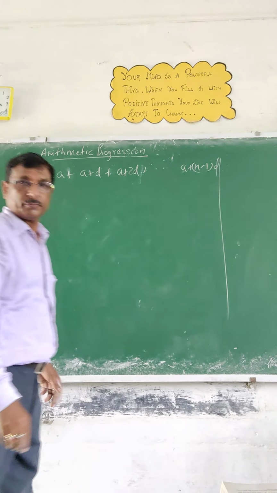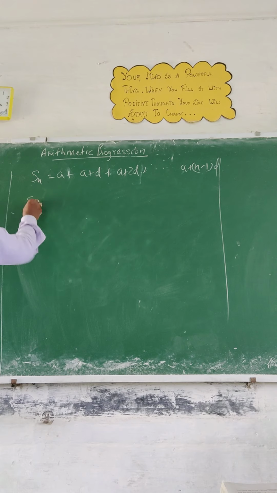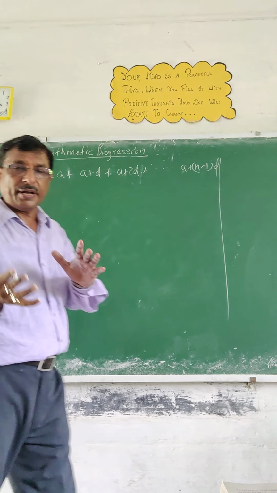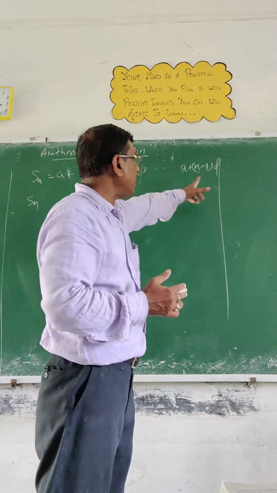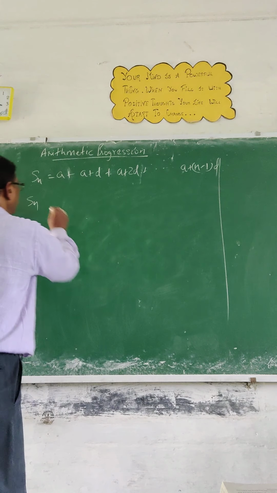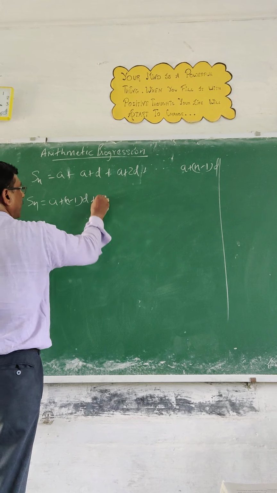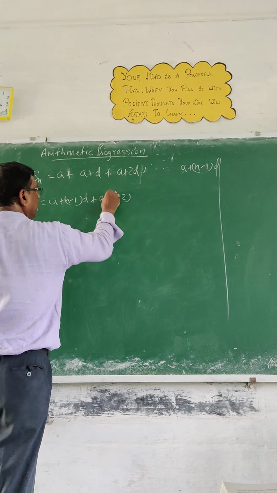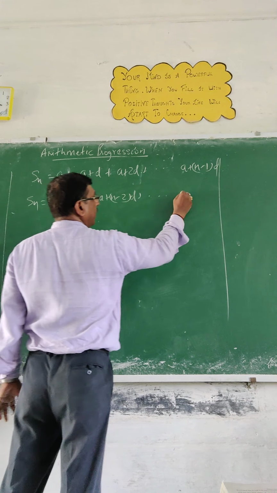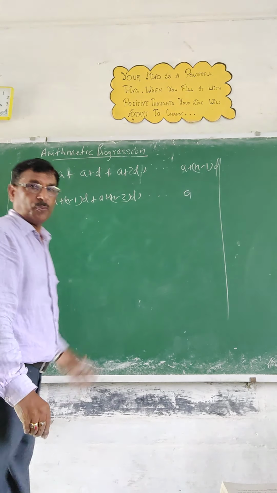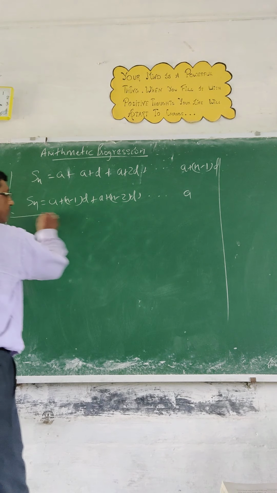Now again write the same progression in reverse order. Last term first, that means a plus (n minus 1)d, a plus (n minus 2)d, and so on, and the last term is a. You have put it in reverse order. Now add all these two.